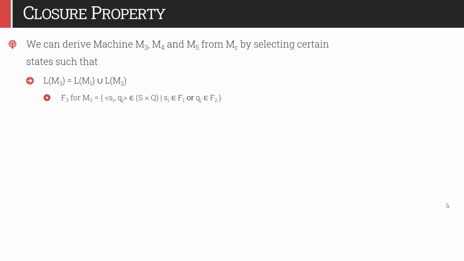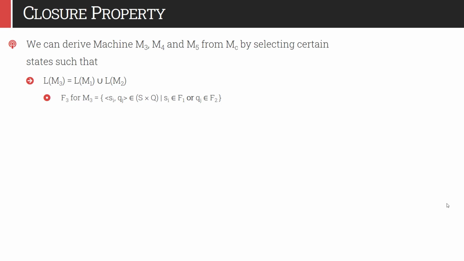Now it's quite simple. Once we have a combined machine, we just have to adjust the final states. So for the union operation, F3, that is the set of final states in machine M3, is given as Si comma Qj, such that Si belongs to F1, that is Si must be a final state in machine M1, or Qj belongs to F2, that is Qj must be a final state in machine M2.